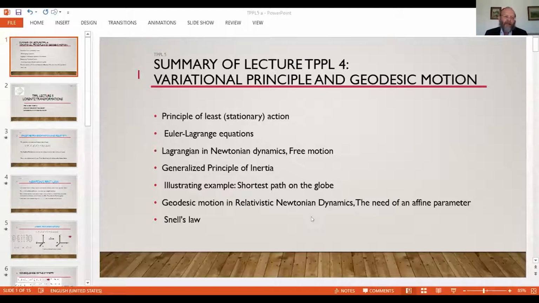And today in the exercises, we explain a few examples to make it more concrete. And then we discussed another example, when the geodesic motion is given by some metric. That's the general outline for relativistic Newtonian dynamics: we are describing everything on a flat space-time. What is this flat space-time?